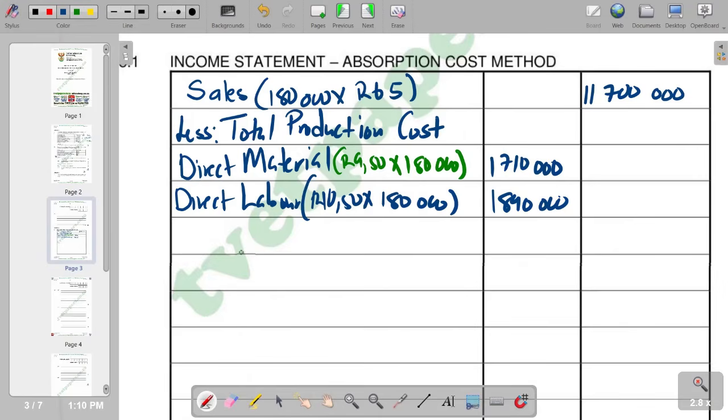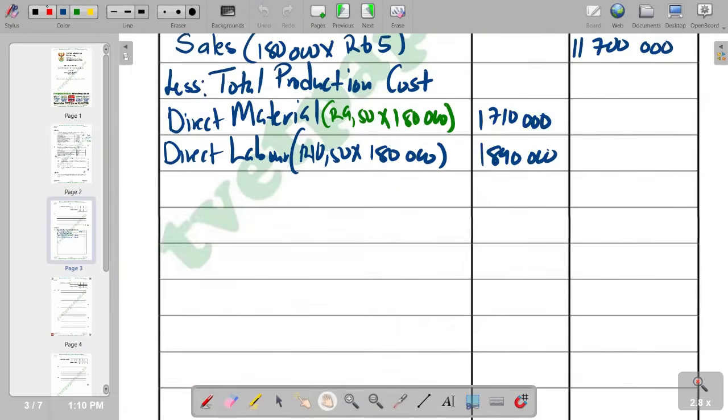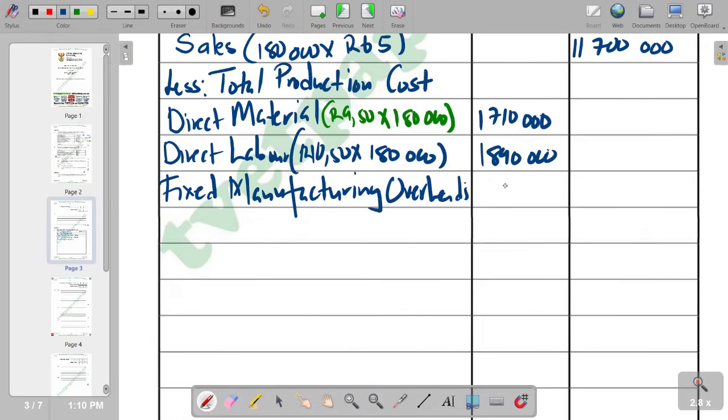Then we check our manufacturing overhead costs as part of production cost. You've got fixed manufacturing overhead, which is 650,000.